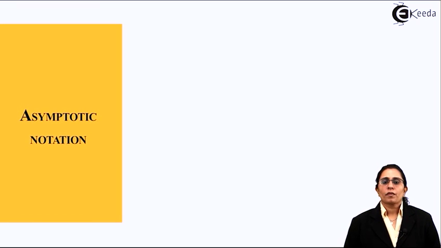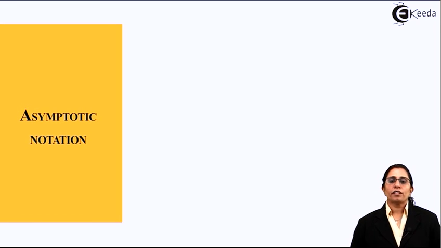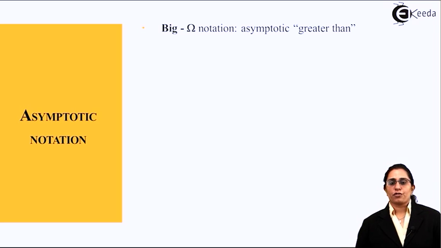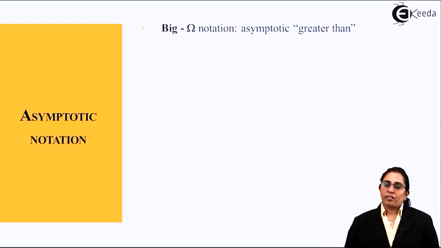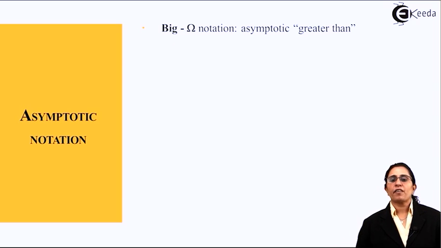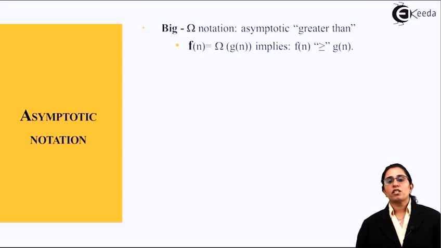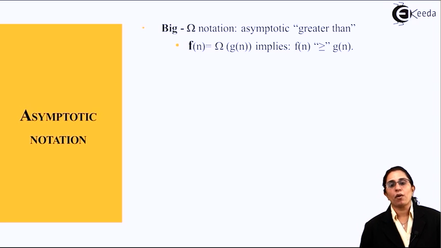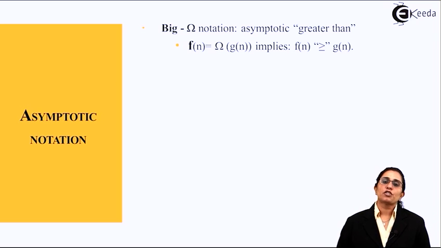Asymptotic notation. Now we will see what is big omega notation. Big omega notation defines an asymptotic greater than. It is signified by f of n is equal to omega g of n, which is the function will grow with the omega for the growth of a function. It implies that f of n is greater than or equal to g of n.